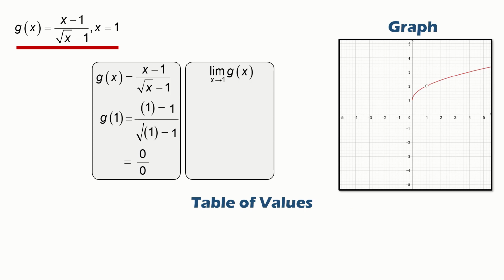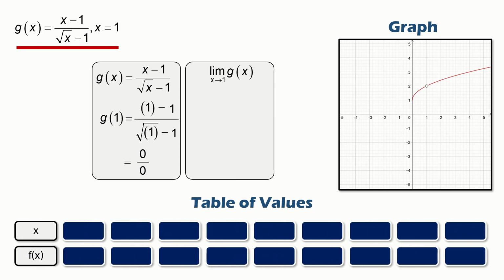We are tasked to observe the behavior of the function when its x value is moving closer to 1 but not at 1. Select your x values. In this case, I am using a similar set of numbers to the first example.